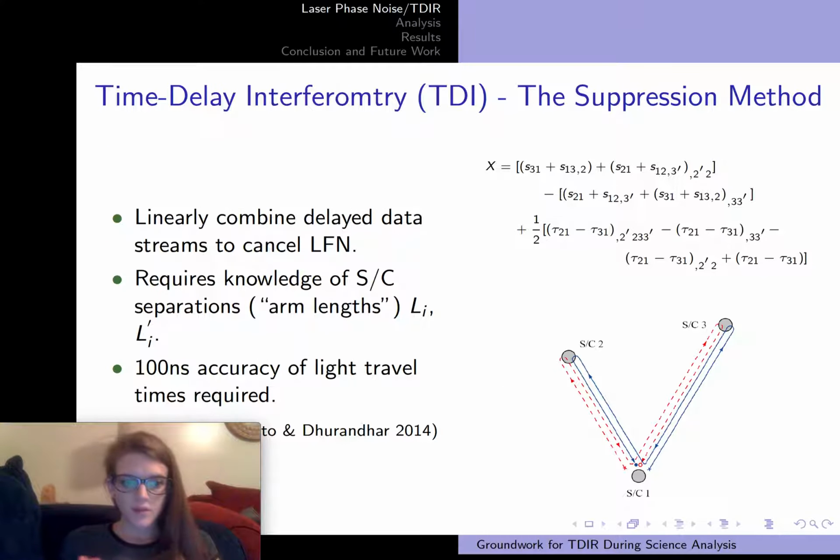So there is a well-established method of suppressing this laser frequency noise, and that is time delay interferometry. What it does is it combines data streams in such a way that cancels the laser frequency noise, and it does this by delaying some of the data streams, so that if you were to write all of these S and tau terms out with the phase noise components, some of them get delayed and it ends up canceling out.